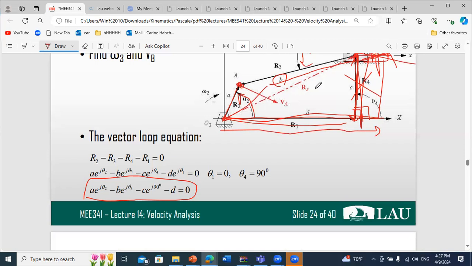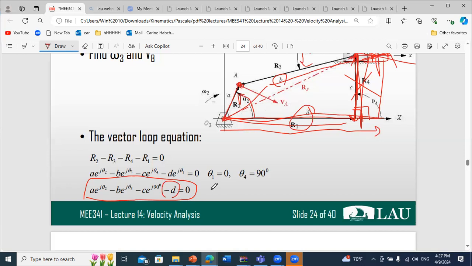Now, as we discussed, vector 4 has an angle of 90 degrees and a constant magnitude of C. So I can express it as minus C e^(j 90). While for my vector R1, it doesn't have a component along the vertical, so it just has a real part in the exponential form. So I can write it as minus D equals to 0.